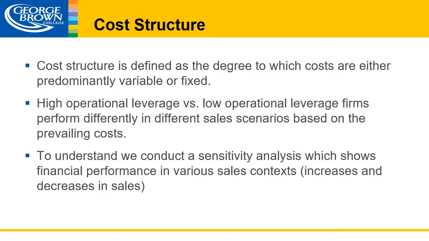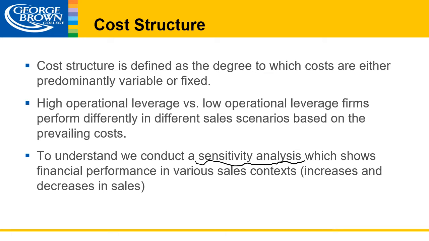Operational leverage is the degree to which a business's fixed costs are higher than the variable. To understand the implications of cost structure and operational leverage, we can conduct a sensitivity analysis to show how each business financially performs under different sales contexts, so either increases or decreases in sales. I'm not sure if you're familiar with what a sensitivity analysis is. It's just showing different financial results in different contexts.